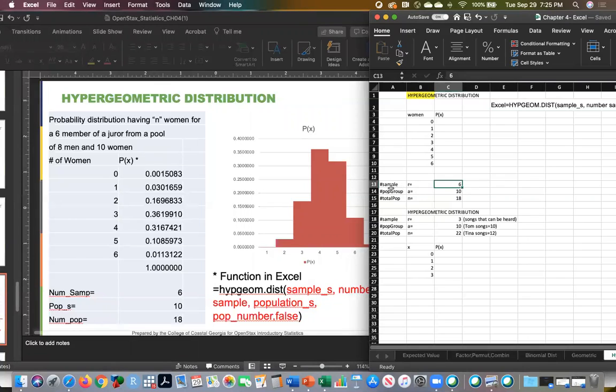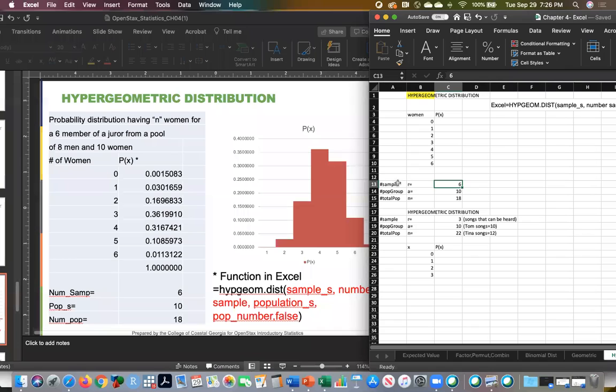So once again, I want to find the probability that, for example, in the 6-person committee, I'm going to have 0 women, 1 woman, 2 women, 3 women, or more, up to 6. So what is the probability that we are going to have an all-woman committee? Well, probably not very likely.